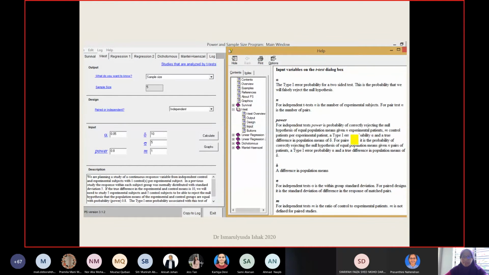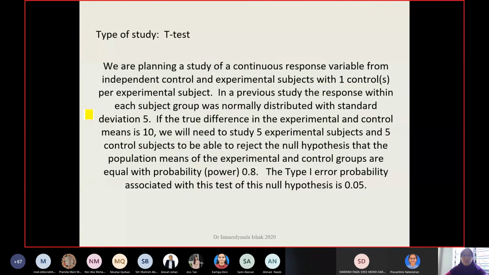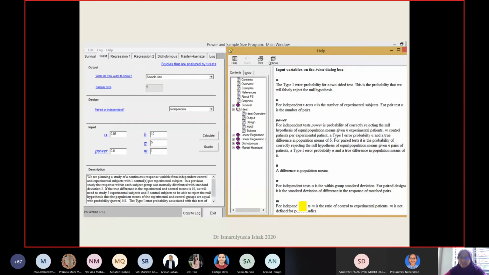In this power and sample size program, they have this one. Maybe some of you will like to use it, because of the type of study, t-test. This is the wording they use, I think from the output.